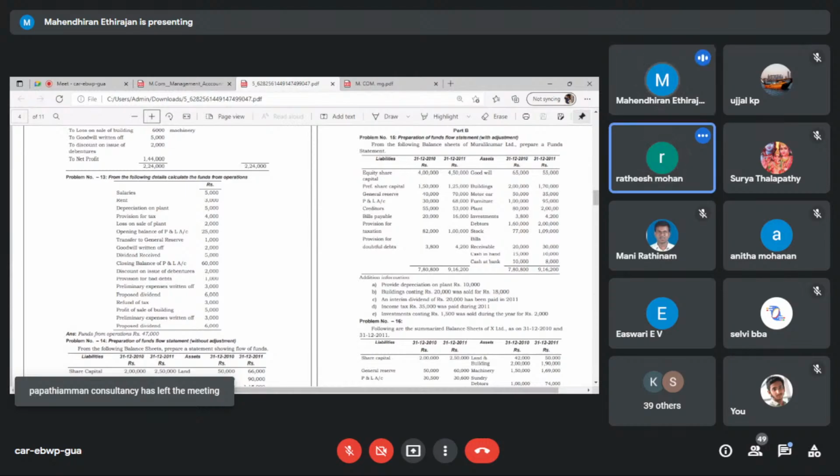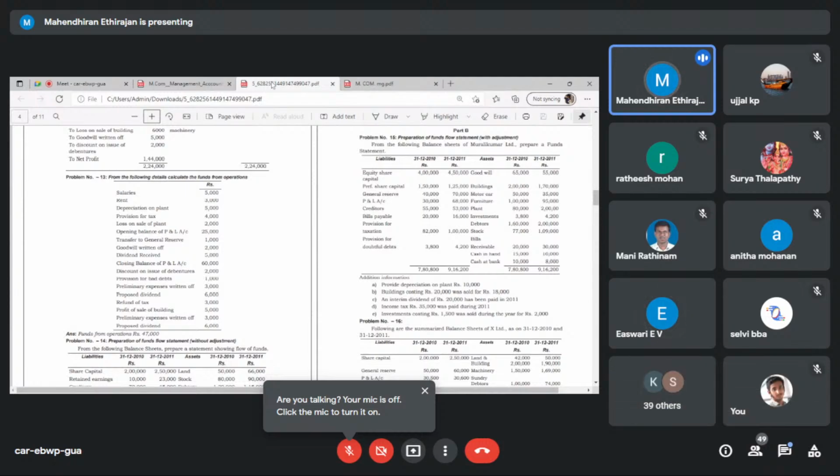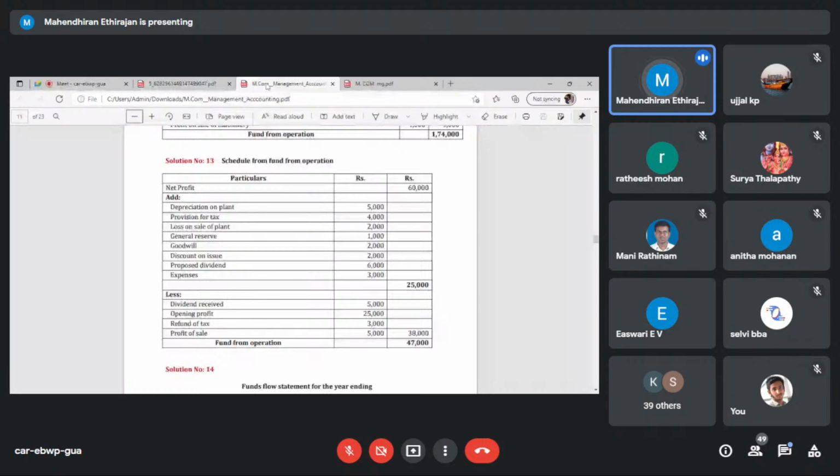See, in the PPT, please don't copy that. It's calculated in another way. I put 60,000, and the opening balance also I had here. So this is the method we have to calculate: the difference between the closing balance and opening balance of the P&L account.